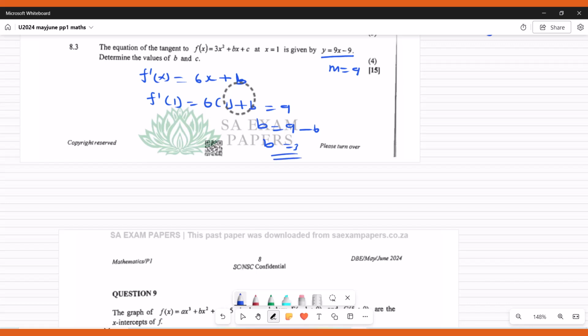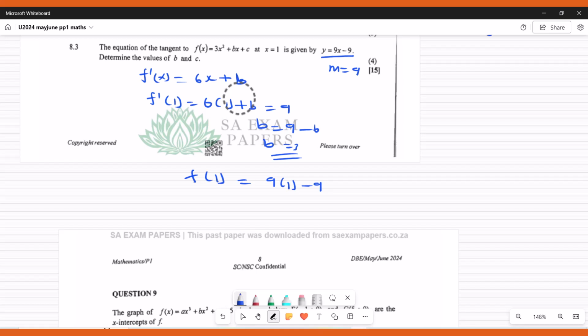After getting b, to get our c, because the same point lies on the tangent of the function, I'm going to say that my f of x, that means f of 1, must give me the y value here when I put in 1. So it must be equal to the tangent y, which is 9 times 1 minus 9.